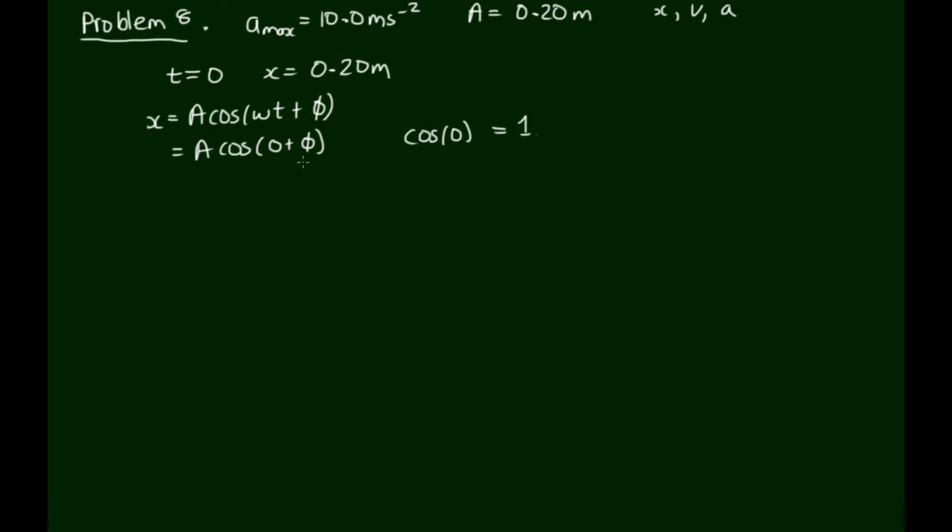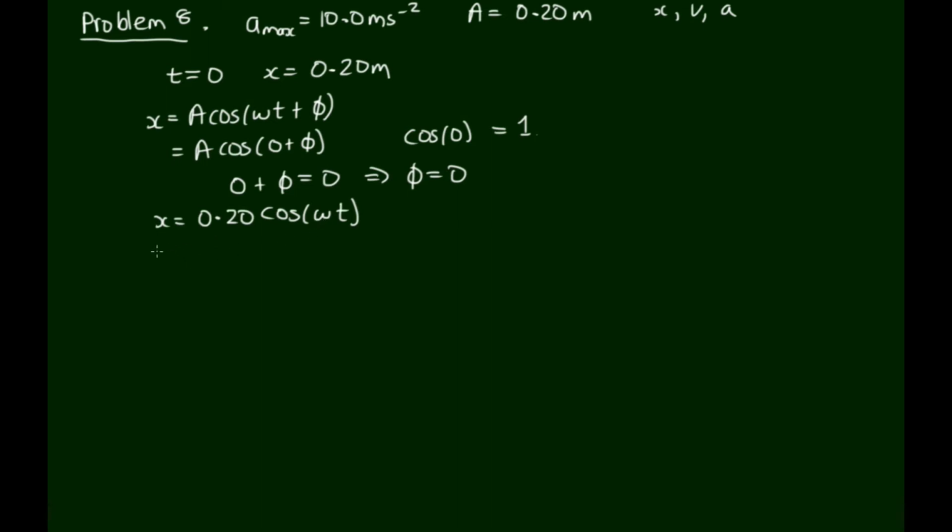So what we need is for this thing in here, 0 plus phi, to be equal to 0, and so that tells us that phi is equal to 0. So we've got x is equal to a, which we're told is 0.20, and we've just worked out that phi is 0, so this is cos omega t. So that's the expression for x, but we don't know omega yet, so we're going to need to try and work out what that is.